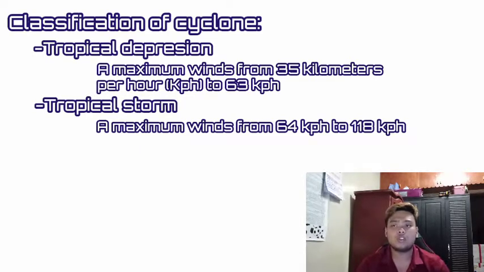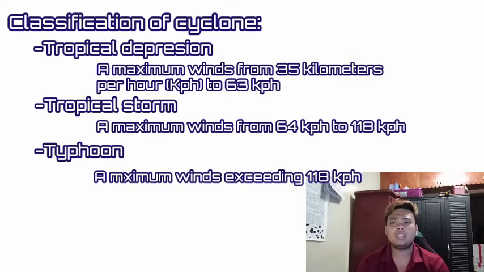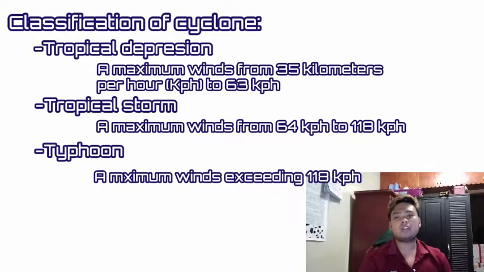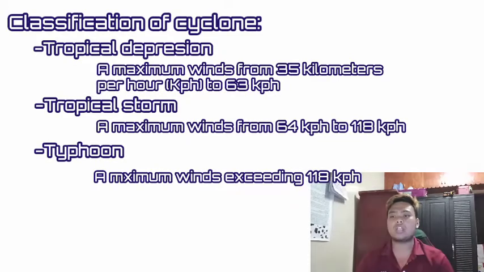It can bring dangerous waves that pose a significant hazard to mariners, coastal residents and visitors, and it also brings deadly rip currents. And lastly, the typhoon. It has a maximum wind exceeding 218 kilometers per hour. This one is big and brings a rotating storm that carries wind, rain, and destruction.